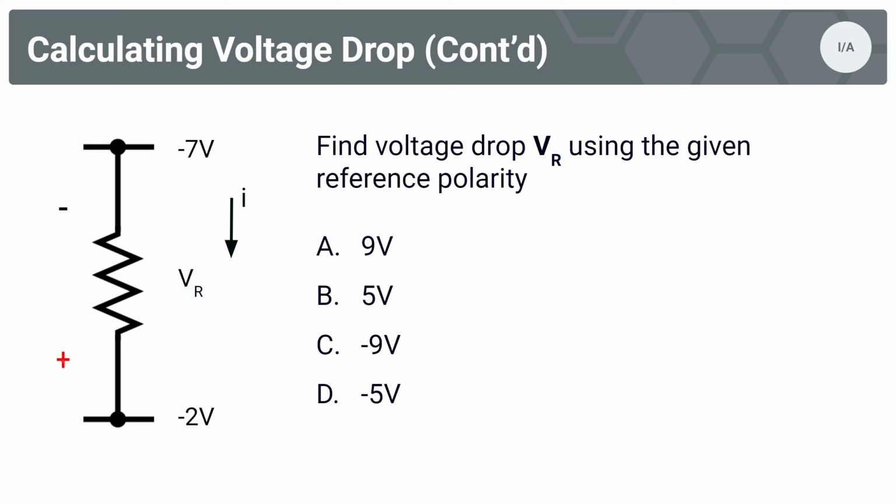And so if the positive terminal here is -2 volts, and at a reference point, the voltage is -7 volts, then when we calculate the voltage of the positive terminal relative to the negative terminal, the difference in volts from the positive terminal to the negative terminal, it's -2 minus -7. -2 minus -7 is 5 volts.